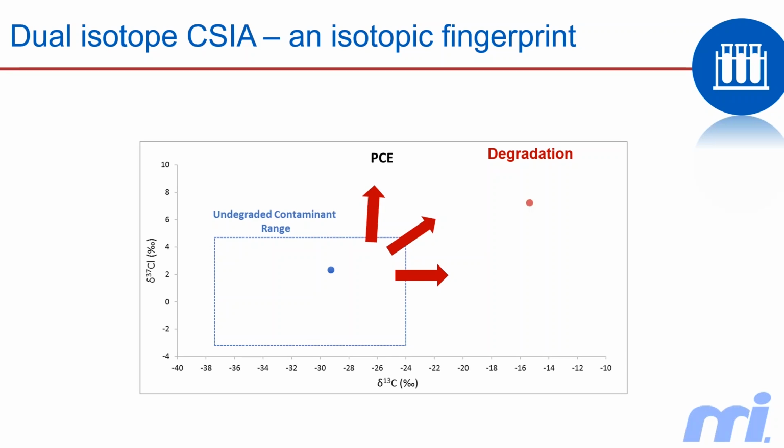If the subsurface source is highly degraded, in other words enriched in those isotopes, with higher delta values, then we have direct proof that these two are not related. This is the main use for CSIA in vapor intrusion, and it adds a lot of value as an extra line of evidence when we're trying to determine what's actually going on at a site.